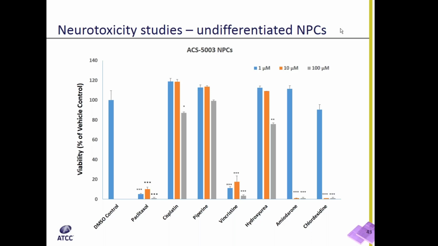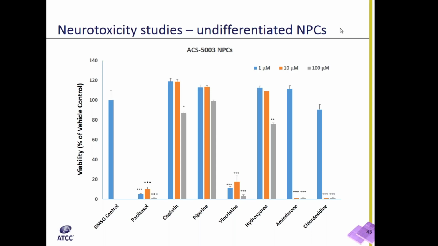Paclitaxel, a microtubule stabilizer known to cause neuropathies in patients. Cisplatin, a platinum-based apoptotic agent known to have neuropathic effects, but reputed not to be neurotoxic, were used as well. And then piperine, which is a nociceptive agent.